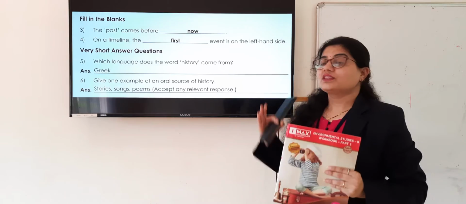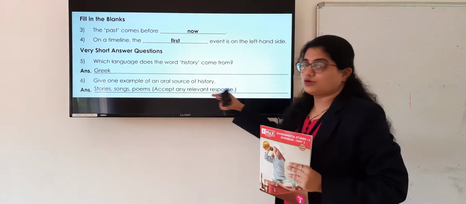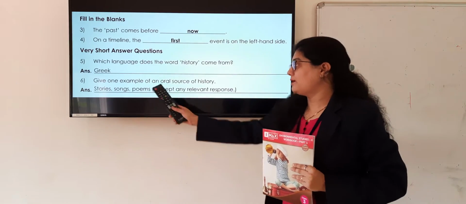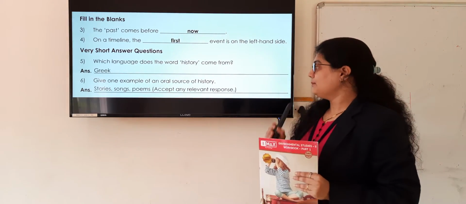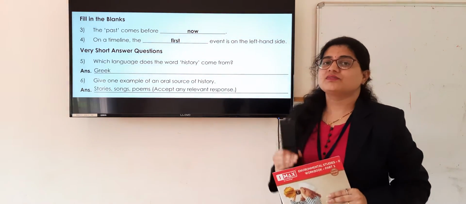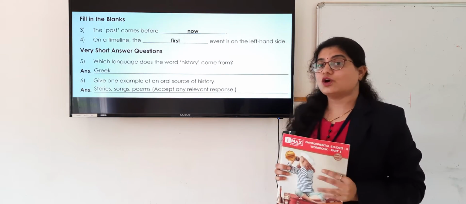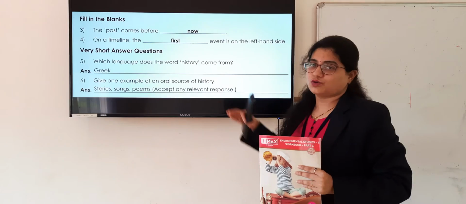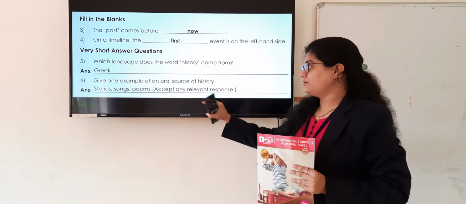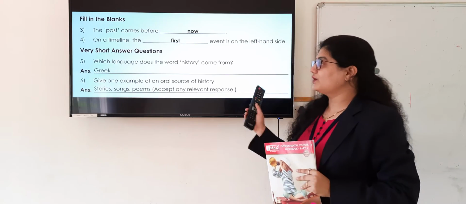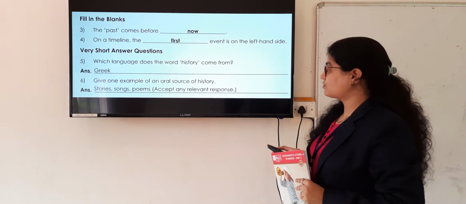Or you can write the stories told by your grandparents. These are also related to oral sources. The songs and poems are also related to oral sources. Now let us move toward the next question.